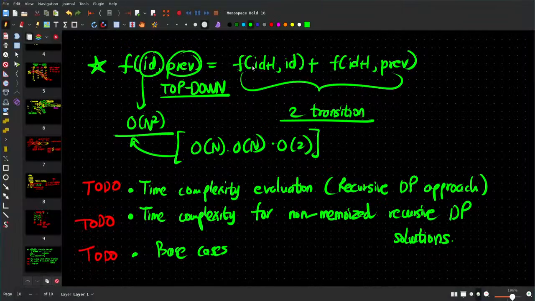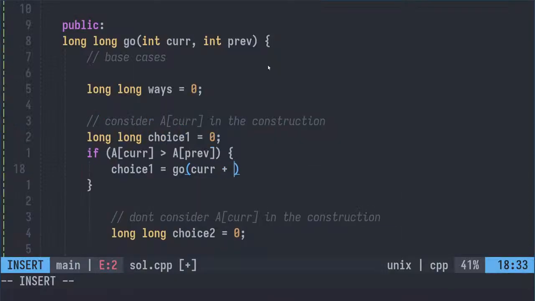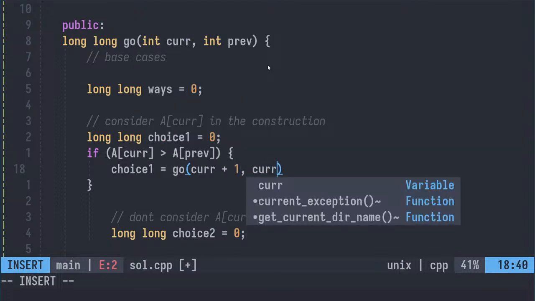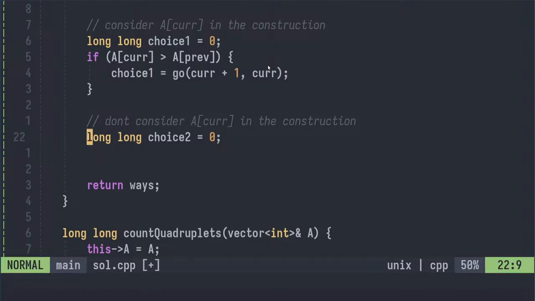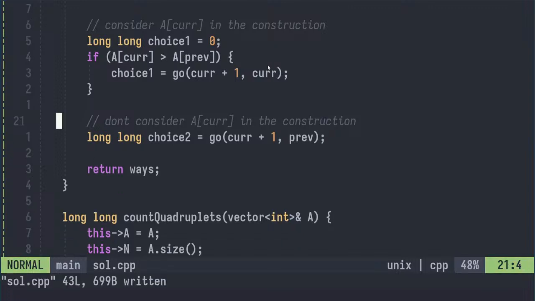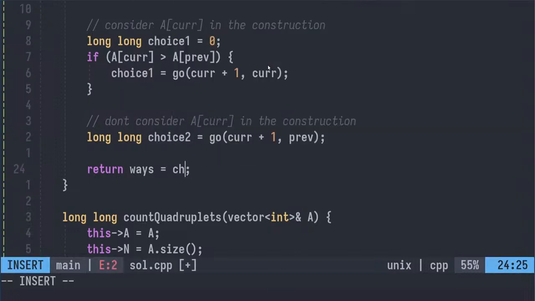So this is id is current, so it would be current plus 1, and current is the previously chosen index. Now this is the case, and in case of choice 2 we don't have any constraint that we need to consider. It would simply be current plus 1, previous would still remain same, because we haven't said that we need to choose this index, and the total number of ways is again choice 1 plus choice 2.